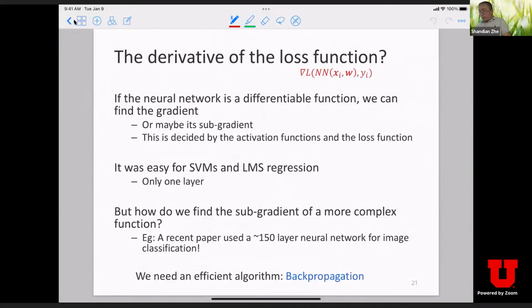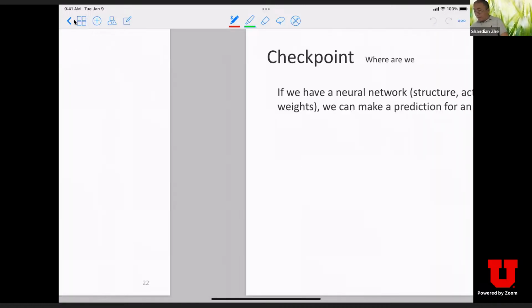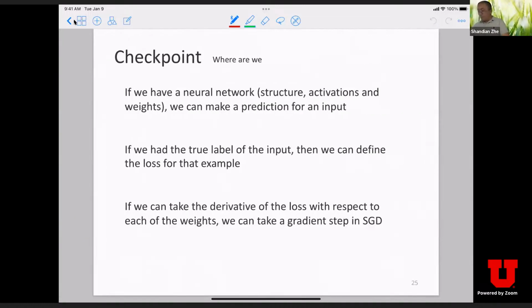Before we talk about backpropagation, I'm going to repeat the setting. The whole setting of the training procedure is as follows. We have a neural network.